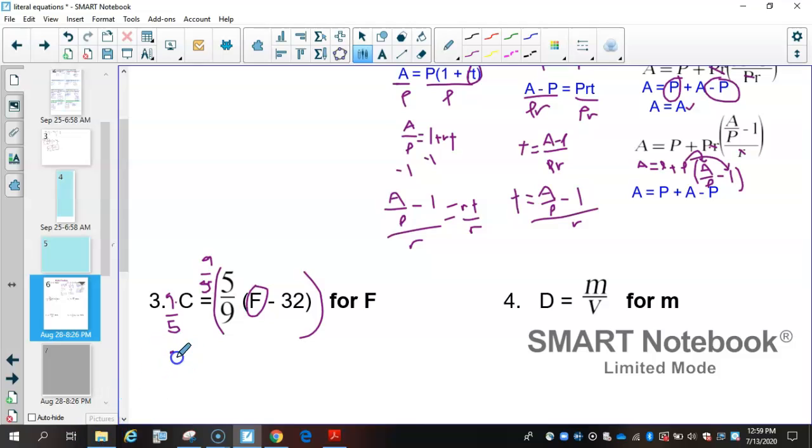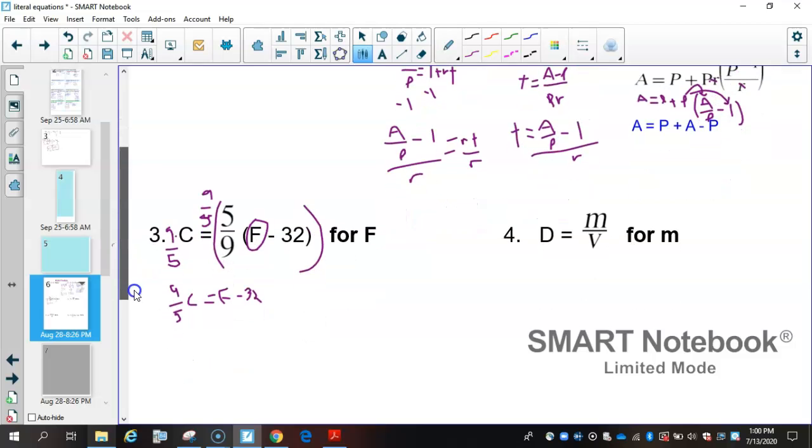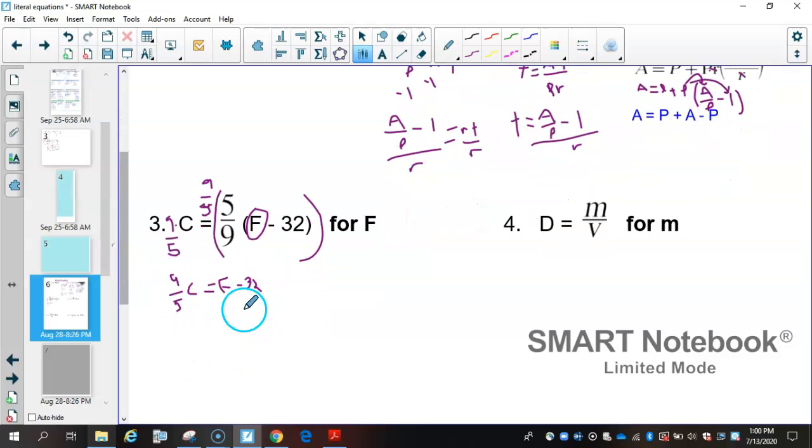So here we have 9/5 C equals F minus 32. And then the last step to solve for F completely is to add 32 to both sides.